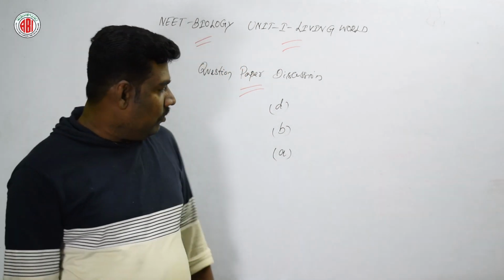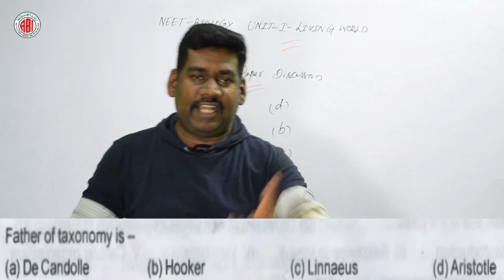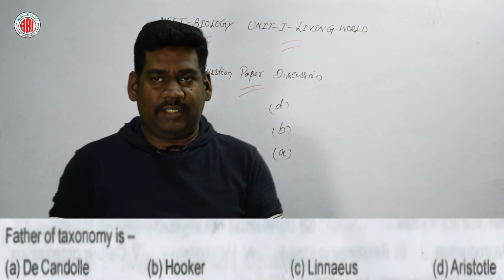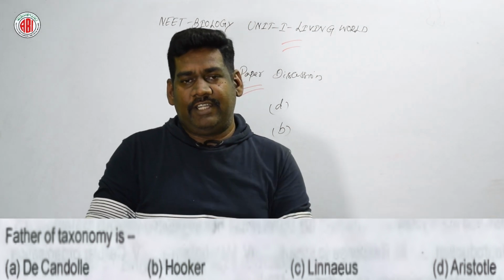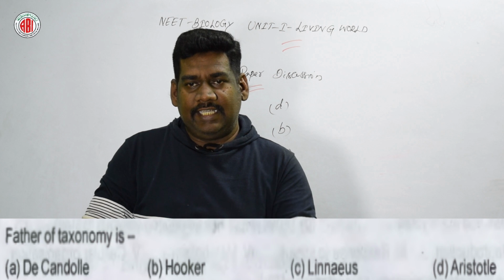Now let us go for the next question, that is the father of taxonomy. Who is said to be the father of taxonomy? Here are 4 different options given: De Candolle, Hooker, Carolus Linnaeus and Aristotle.